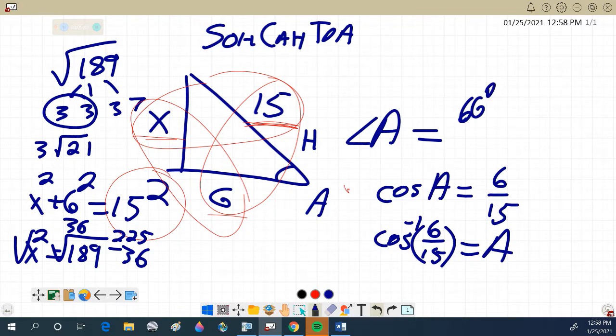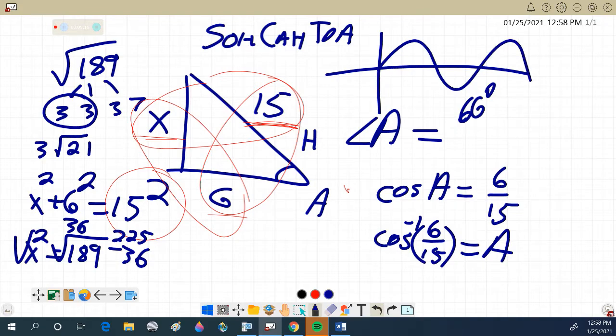What's that? Well, if I graph the sine wave, it looks like this, right? Well, the x-axis is in degrees, and the y-axis is in whatever unit you're working with, inches or feet.